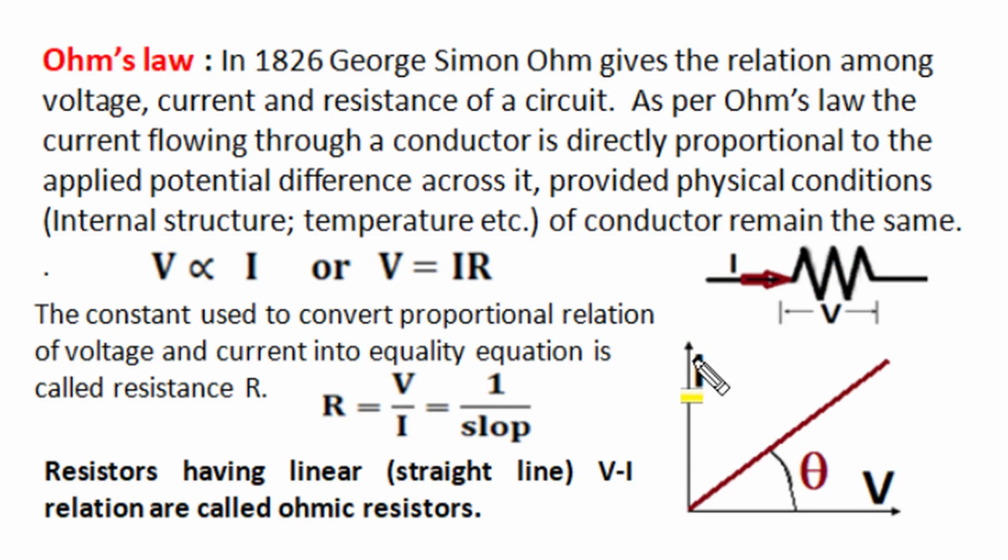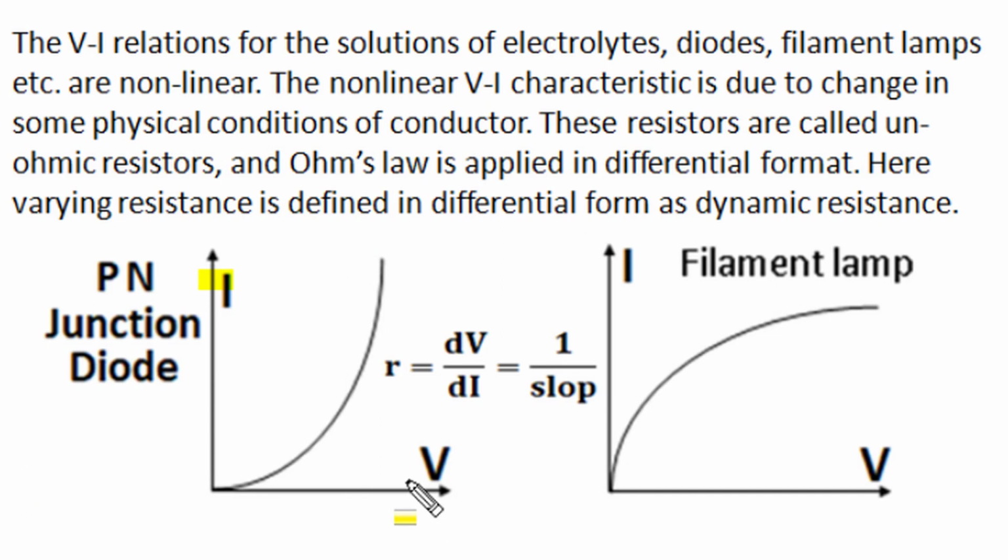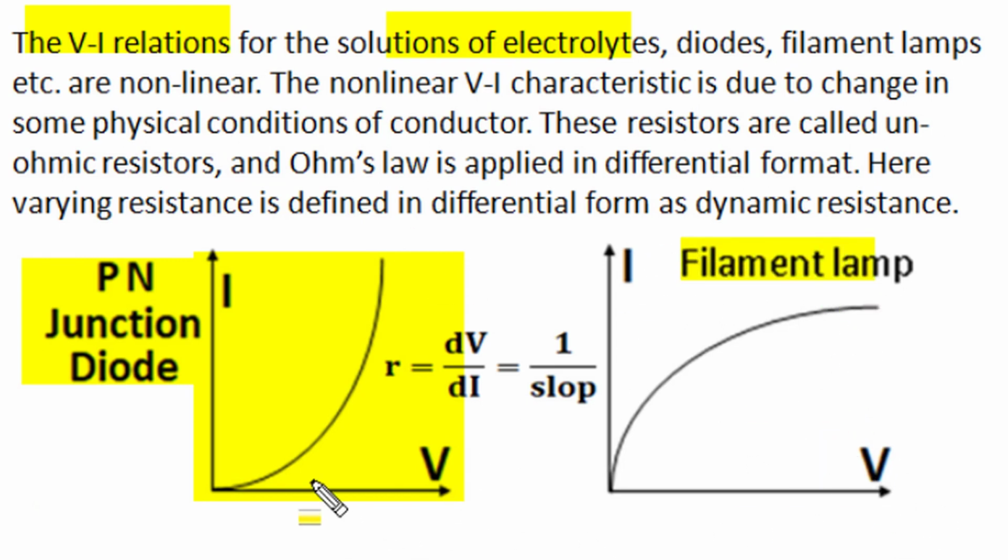Proportional and linear current voltage relationship is possible only in ohmic resistor, whereas the current voltage relationship for solution of electrolytes or PN junction diode as shown here or filament lamp as shown here is non-linear.